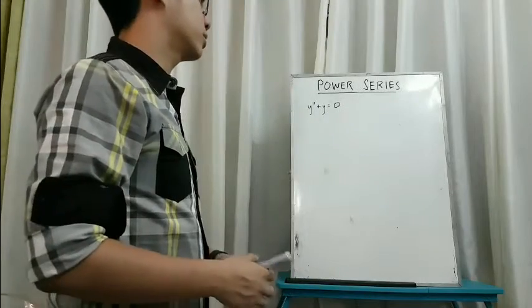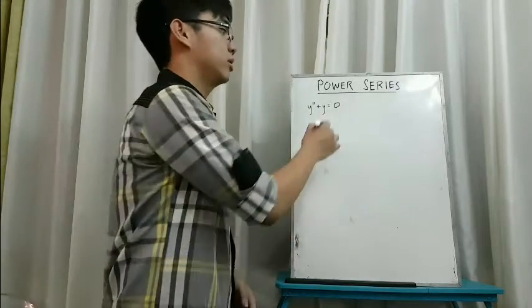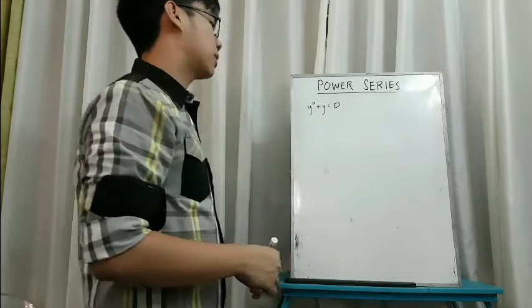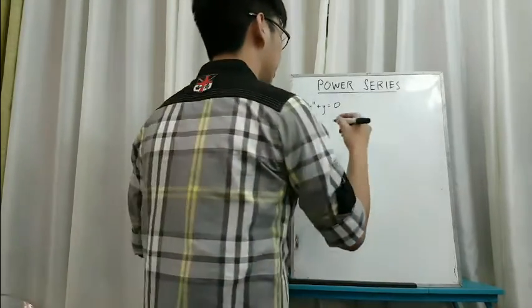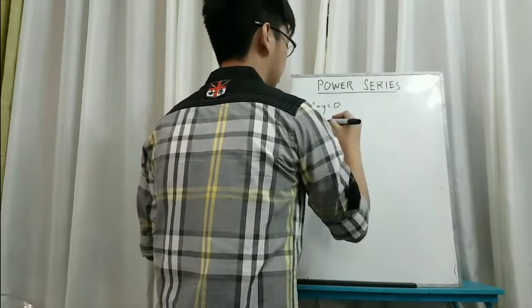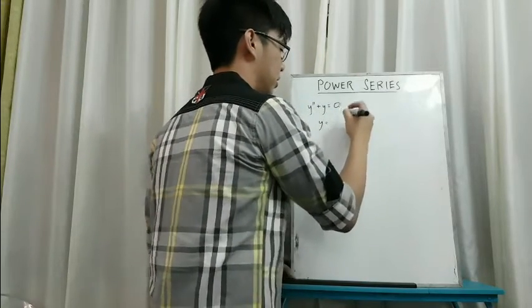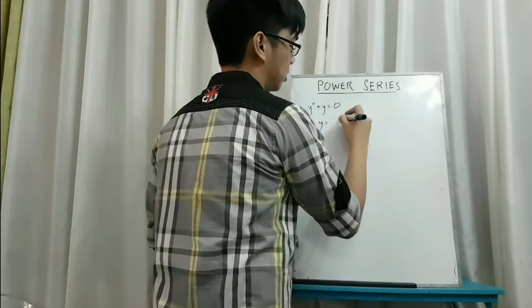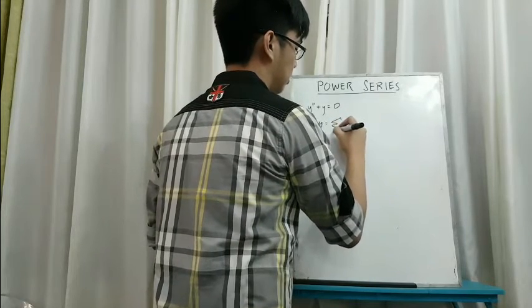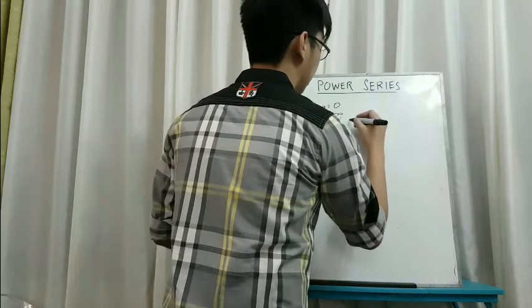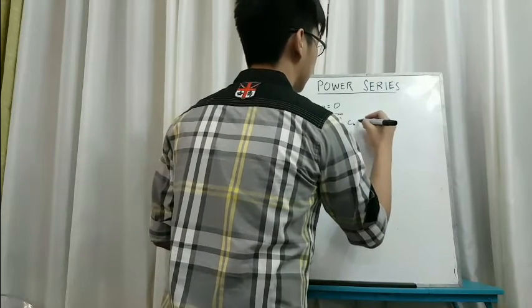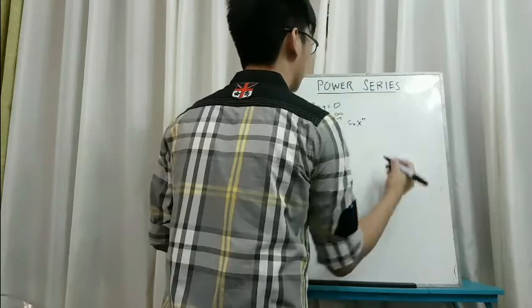So our topic for today is the power series solution of this equation, y double prime plus y is equal to 0. So first, let's define y in its power series form. It is the summation of n is equal to 0 to infinity of c sub n times x raised to n.